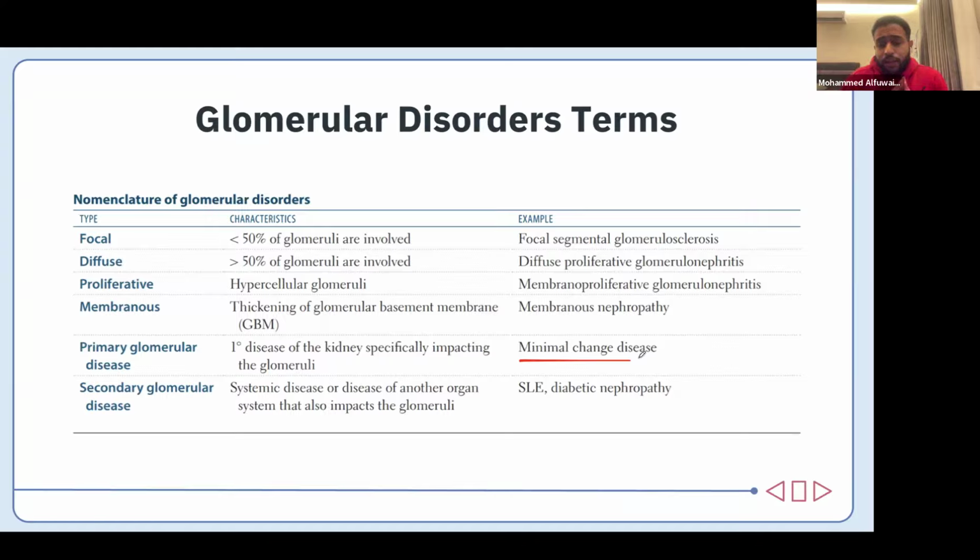Then we have secondary glomerular diseases, which is a certain other disease causing the glomerulonephritis, causing the kidney disease. So for example, SLE, diabetic nephropathy, malignancies, drugs, all these things cause secondary disease. Okay? Are these terms clear and all these concepts clear before we go into each disease? Now it's going to go a bit faster.